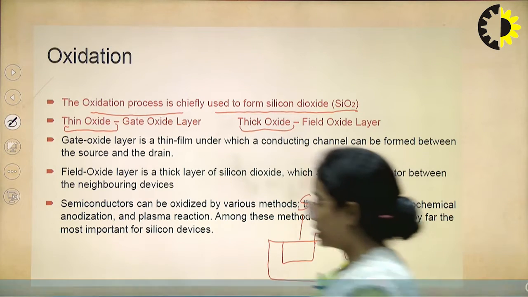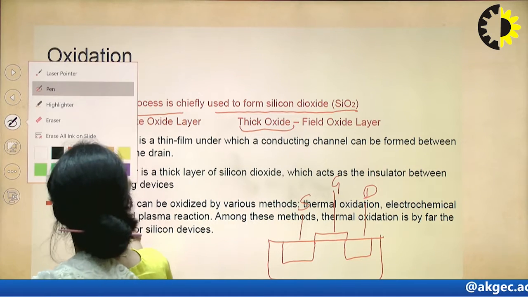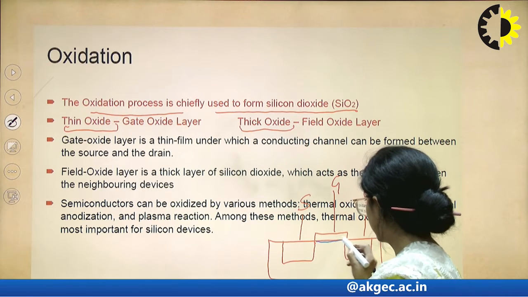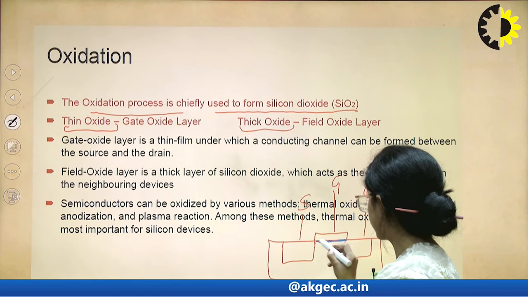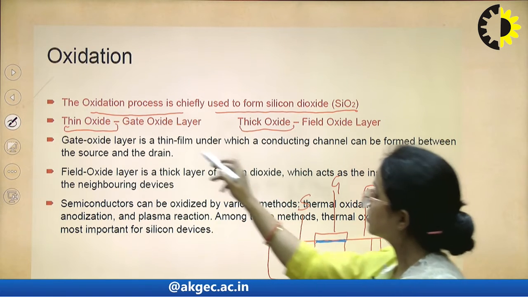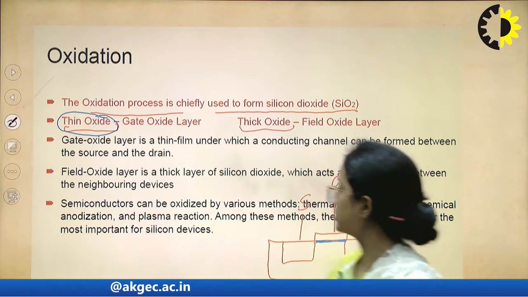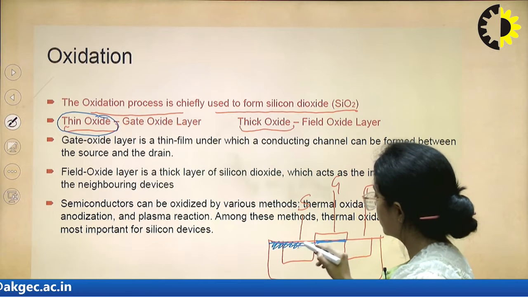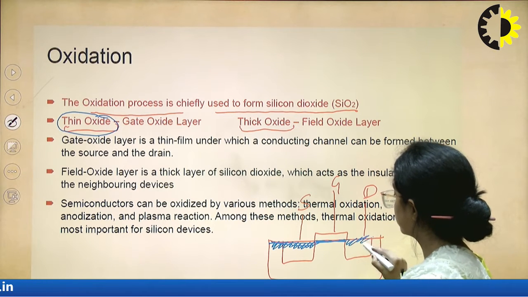Just below this gate we will have a layer of thin oxide, and the remaining regions will be a region of thick oxide.